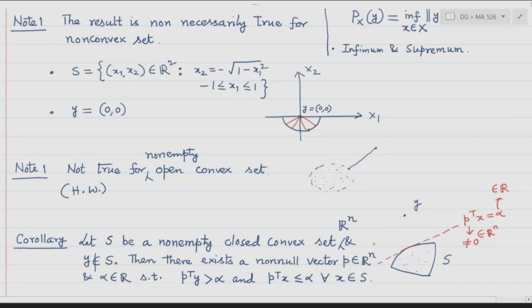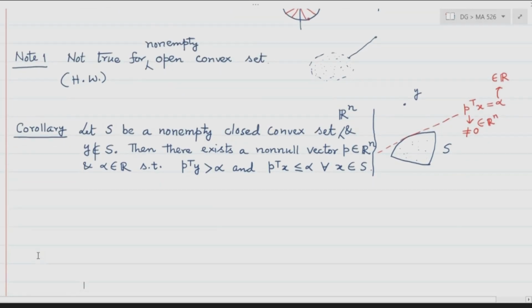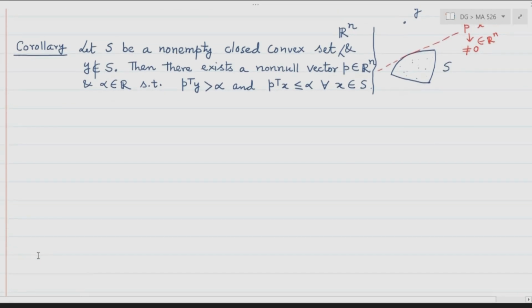Let us now try to prove this result. This result is an immediate consequence of the projection theorem, or the closest point theorem. The proof goes in the following manner.